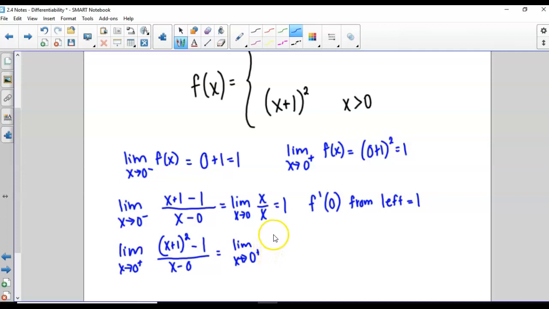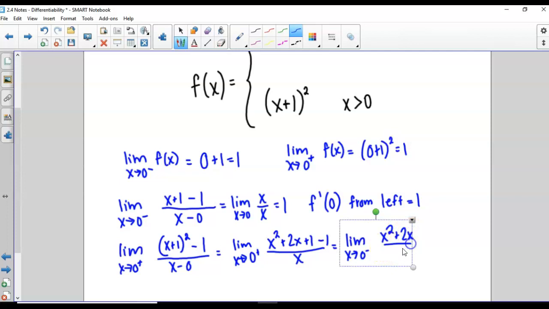Alright, so you would have x squared plus 2x plus 1 minus 1 all over x. And that would give you the limit as x approaches 0 from the left of x squared plus 2x over x.